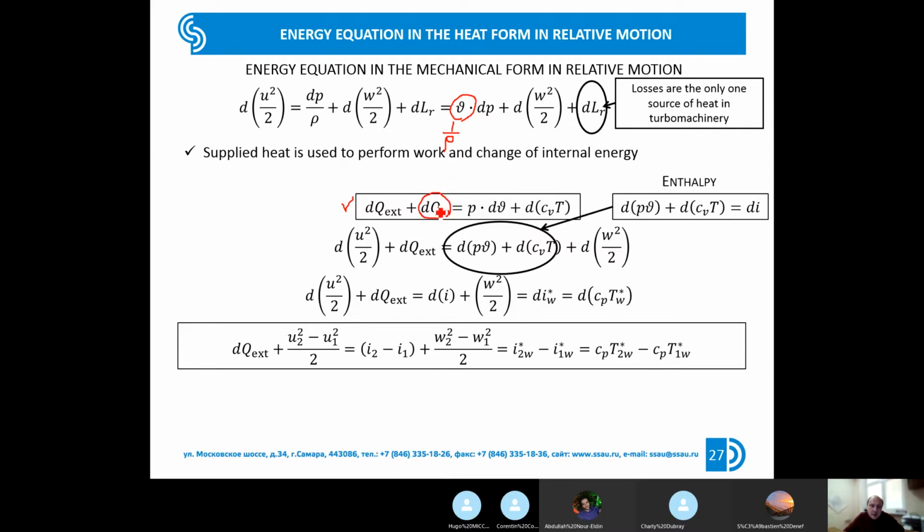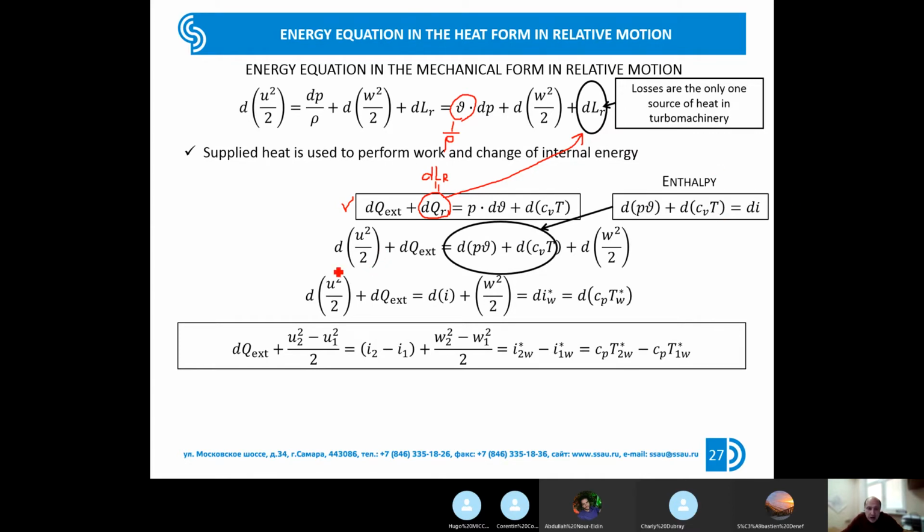And we say that the source of external heat is the losses, so all losses are equal to the external heat. We extract this relationship from the first law of thermodynamics and put it inside the energy equation in mechanical form in relative motion.